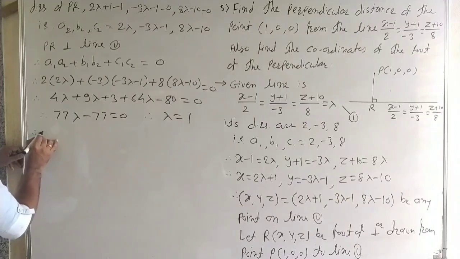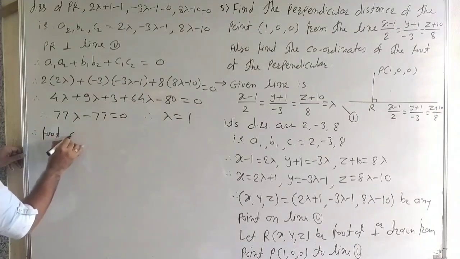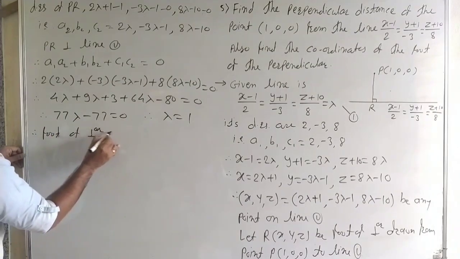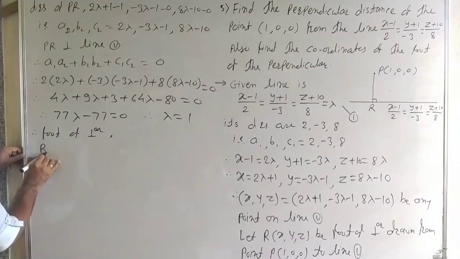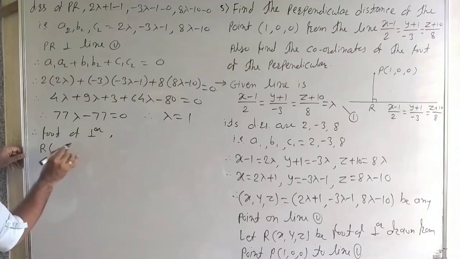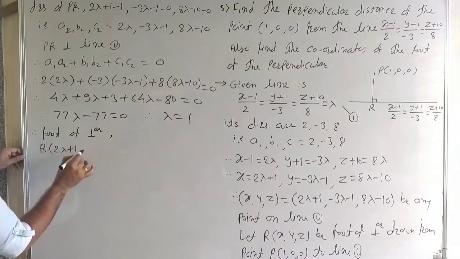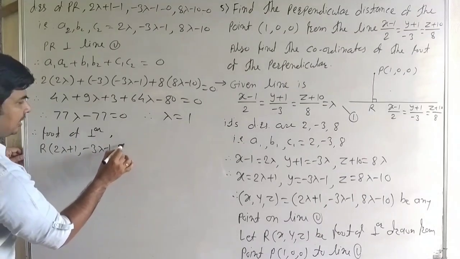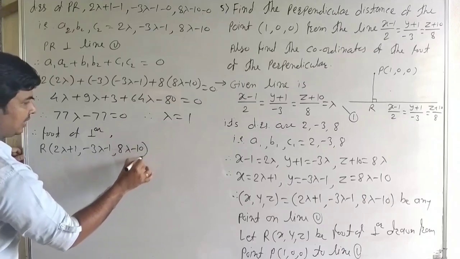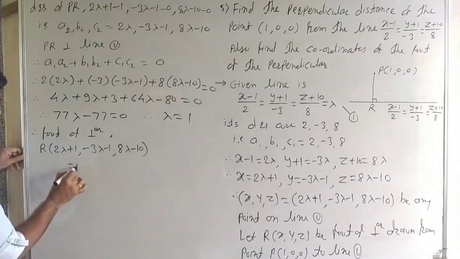R, x comma y comma z, is 2 lambda plus 1, minus 3 lambda minus 1 and 8 lambda minus 10.